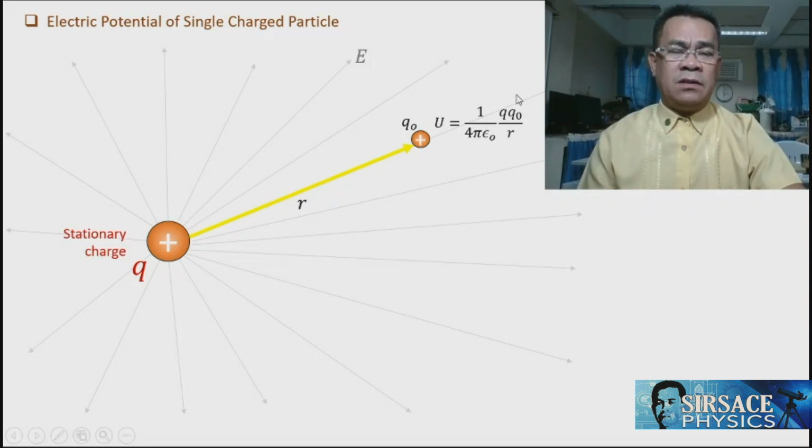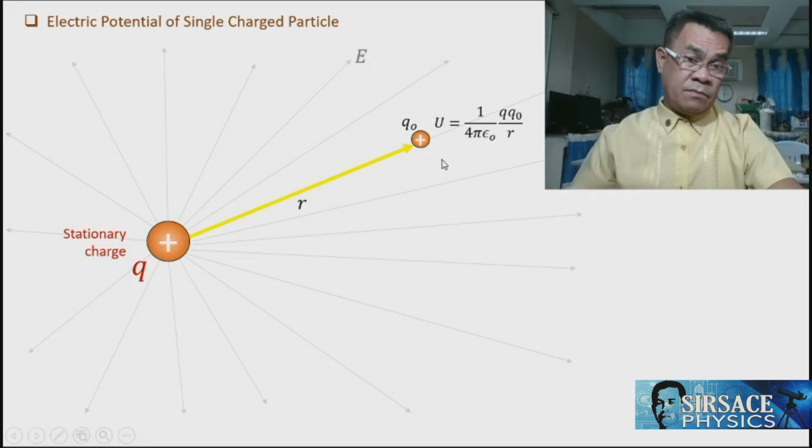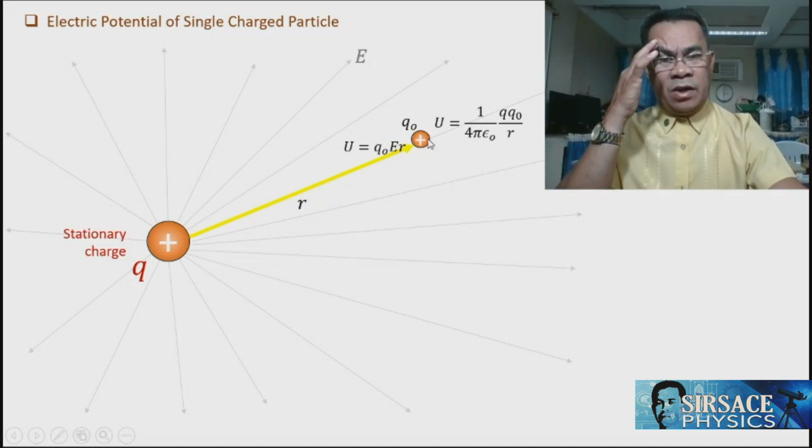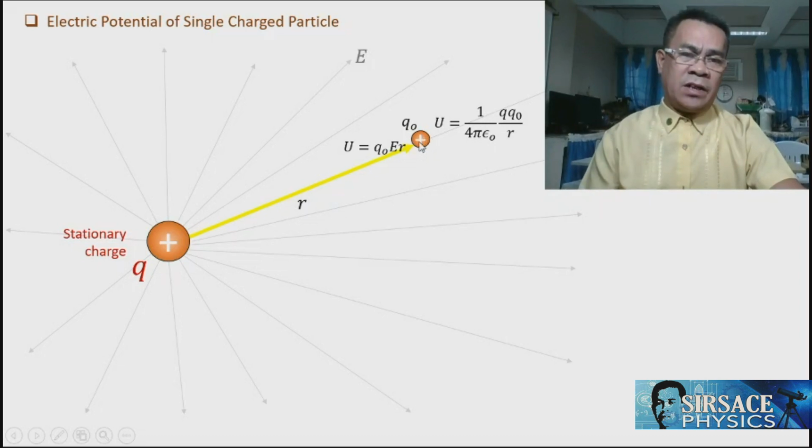Therefore, you have the unit of joules because this is energy. Another way to calculate the energy is if we know the electric field at this point, multiply it by the charge of the moving charge Q naught and by the radius. The answer is still the energy, which also has a unit of joules.